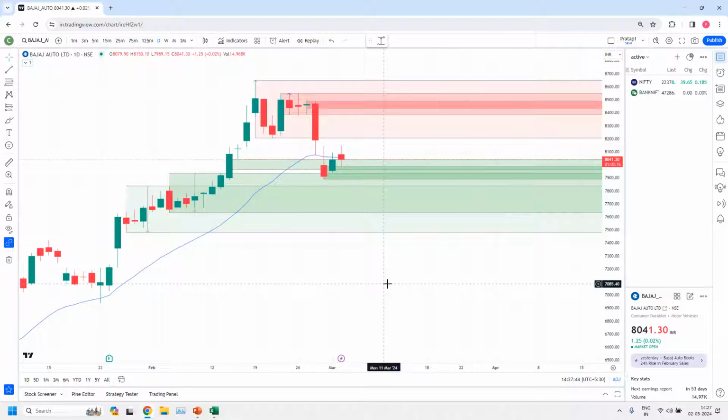So what is the current HTF price direction? HTF prices are currently traveling from supply zone to the demand zone. Prices haven't reached the weekly demand zone. See here, this is the weekly demand zone proximal, the zone high.